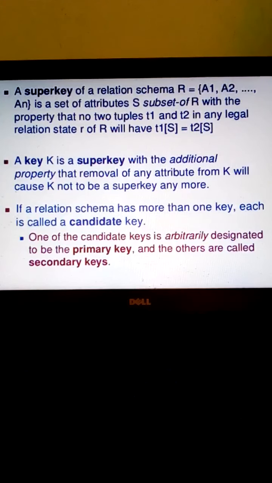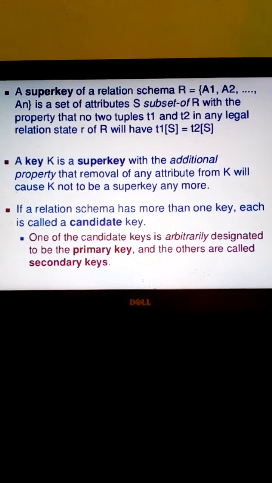A super key in a relation schema is a set of attributes, which may be a subset of the relation, with the property that no two tuples T1 and T2 in any legal relation state R of R will have the same value. So super key means no two tuples will have the same values, meaning every tuple will have unique values.